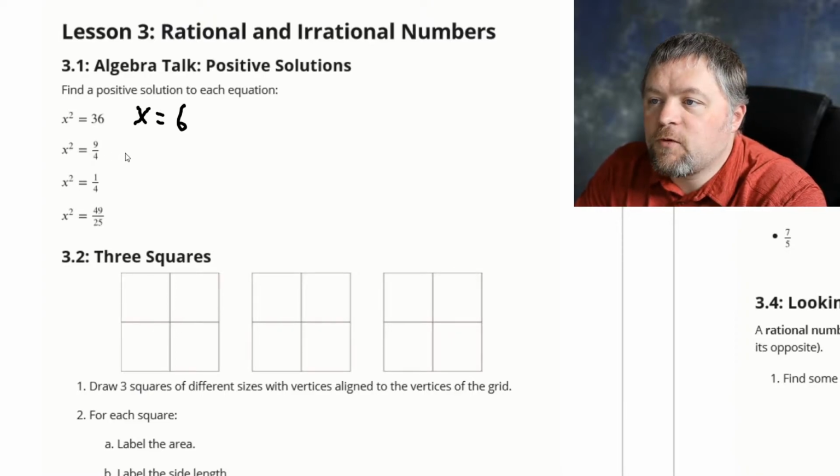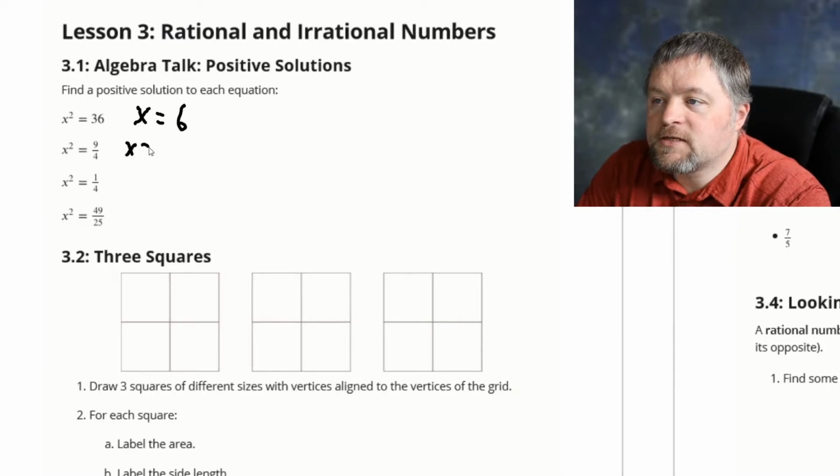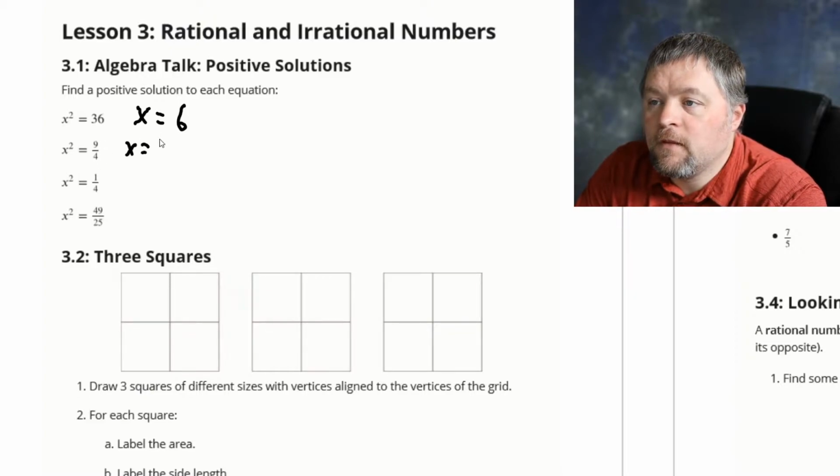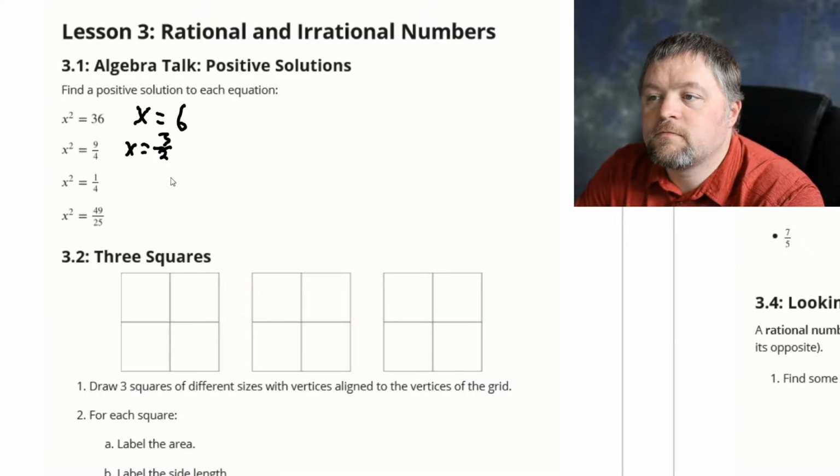If x squared is 9/4, what does x have to equal? For this one, it has to be 3/2. Square root of 9 is 3, square root of 4 is 2.